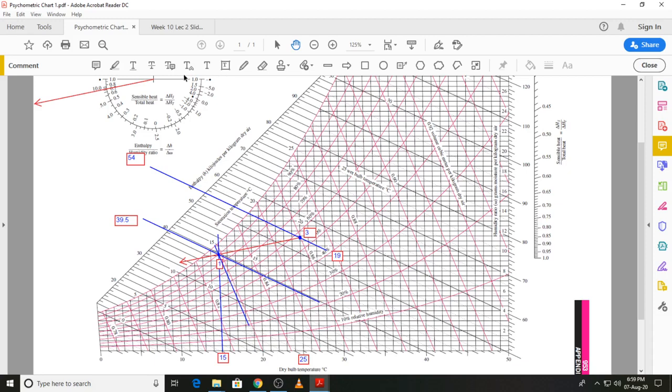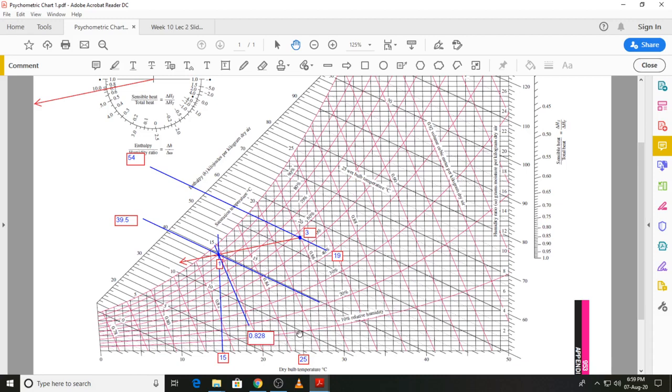And again, just to finish it off, I will write down that value, 0.828, and the units again you can see are cubic meter per kilogram dry air.